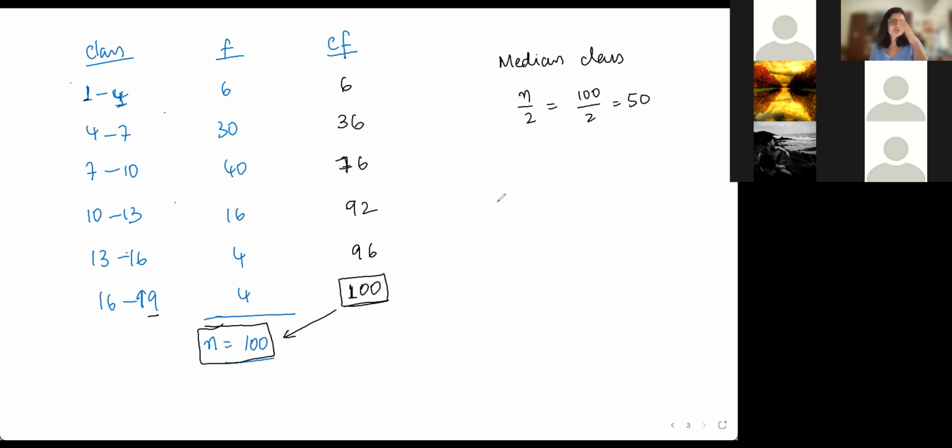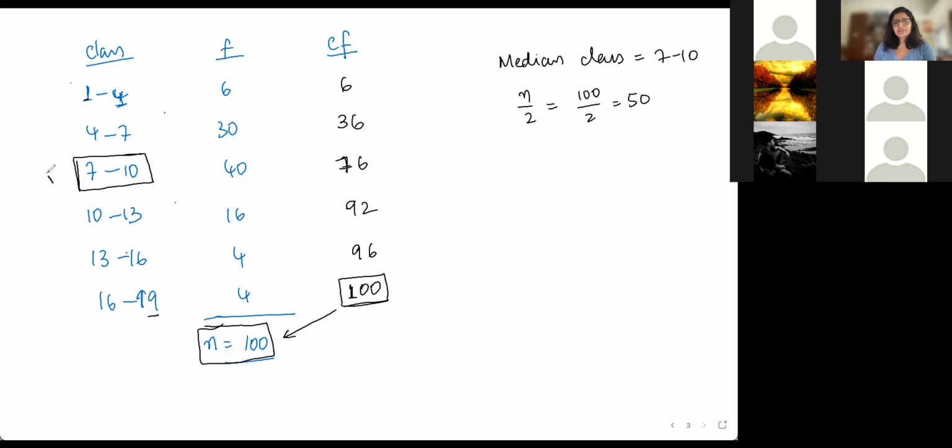So where will my 50th observation be? Up to 6 is here, up to 36 is here, up to 76 is here, which means the 50th is somewhere between these two. So I'm getting it in 7 to 10. So median class is 7 to 10.